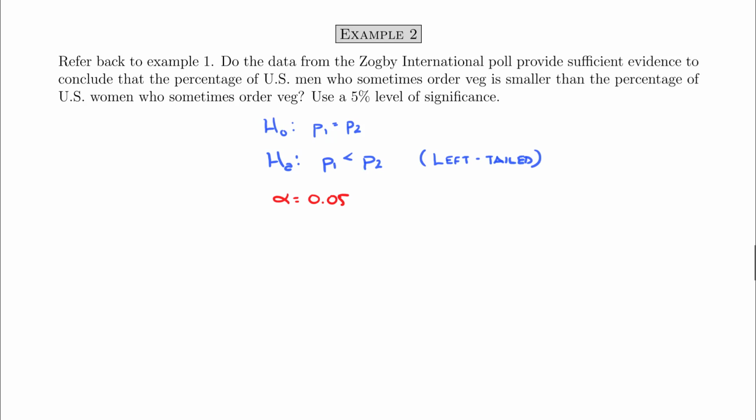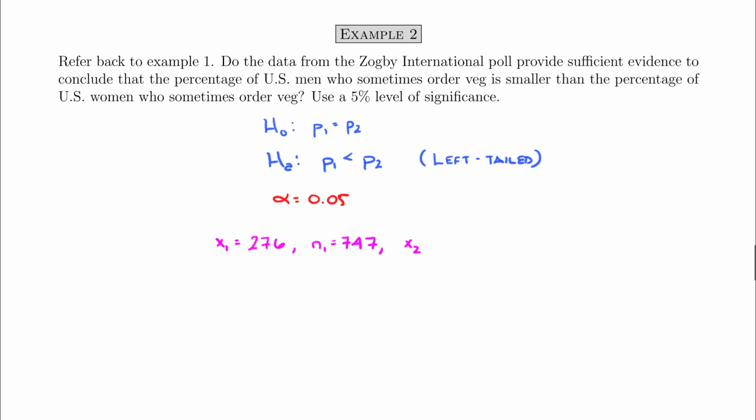And now we can compute our test statistic. We know that x sub 1, that's the number of men who eat vegetarian, is 276. The sample size for the men is 747.